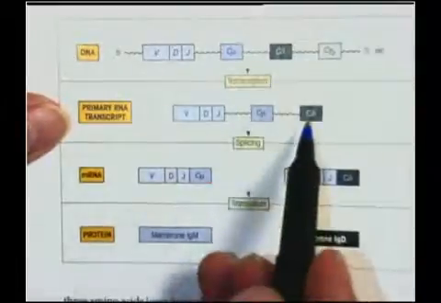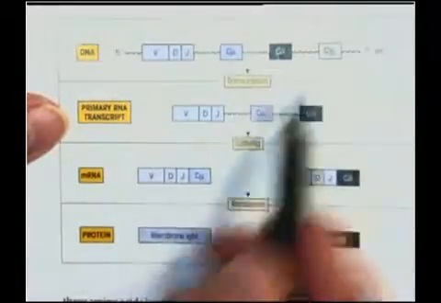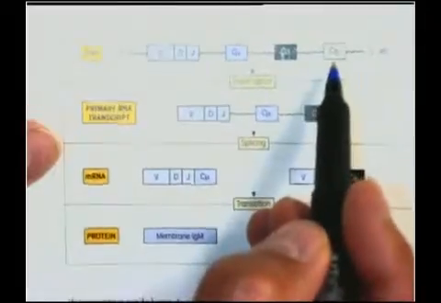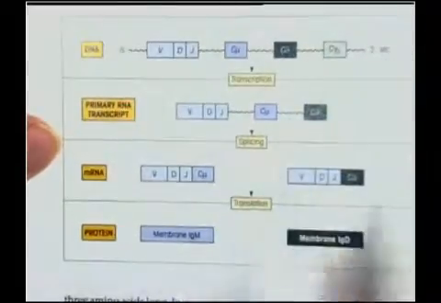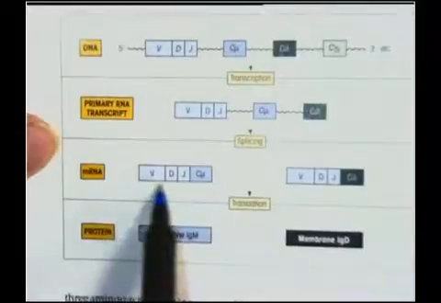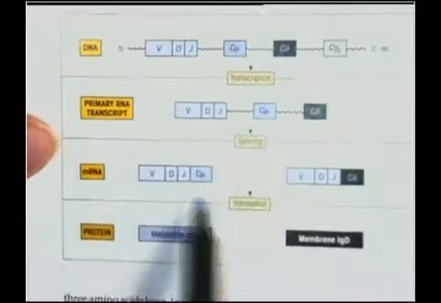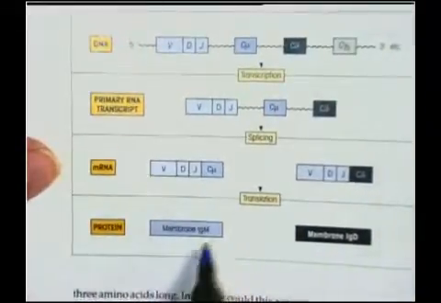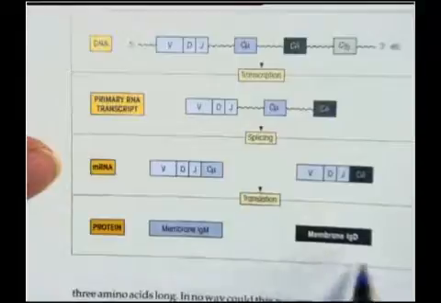Then C mu, and then C gamma 3, which is spliced out. But what happened here? The splicing gives VDJ-C mu up to this, and then VDJ-C delta, which is coming over here. And this is translated into membrane IgM, and this is a membrane IgD.